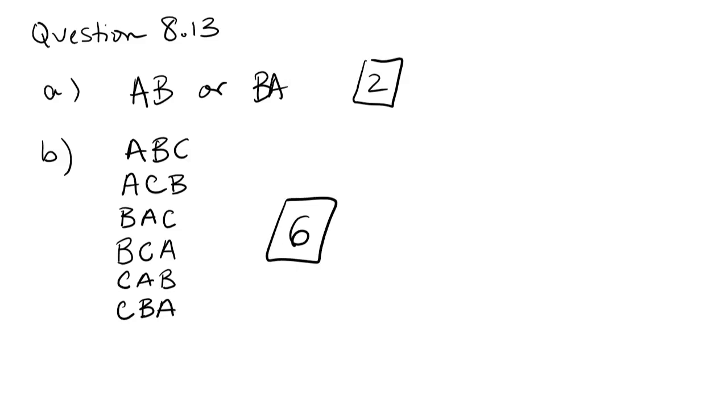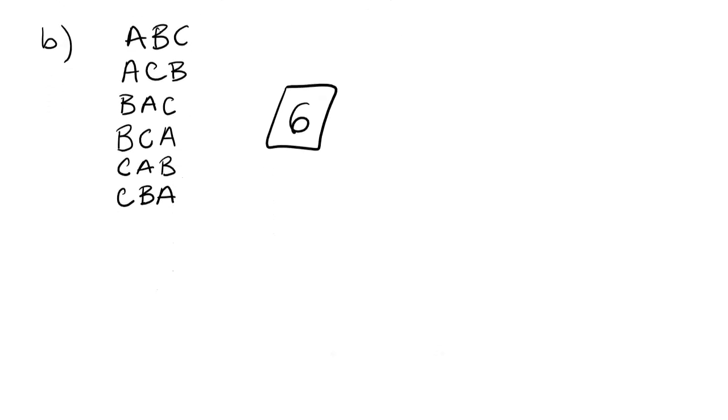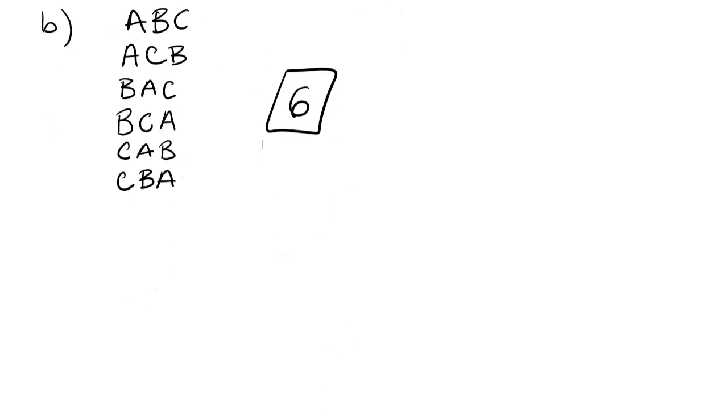So then for part C, they give us a hint where they suggest to not keep listing things because it gets a little bit long.